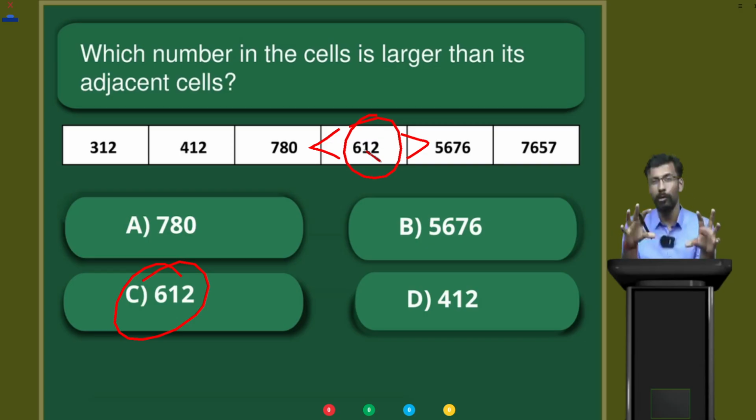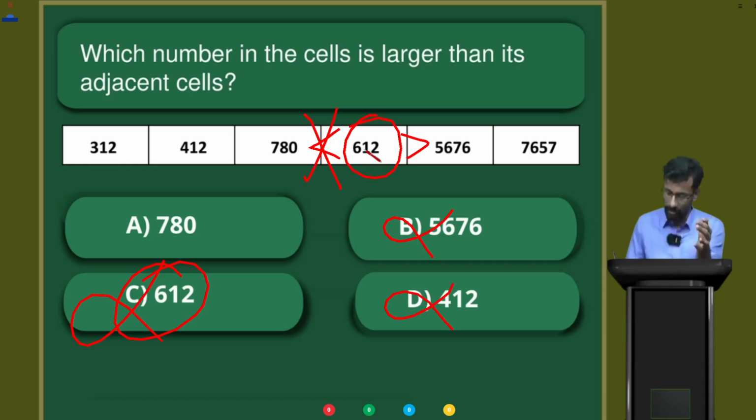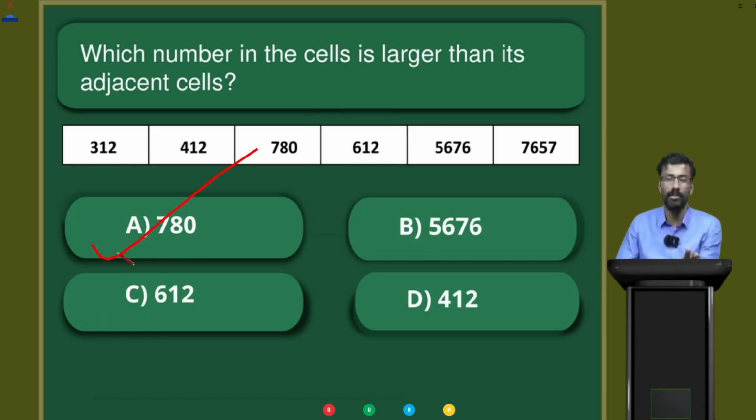So 800 rupees is less than 600 rupees. Is it valid? No. So option C is also eliminated. So B, D and C are eliminated, so option A will be the correct answer. Definitely A will be correct.